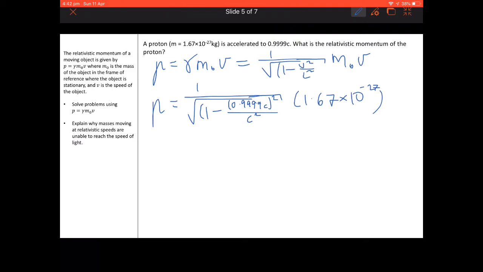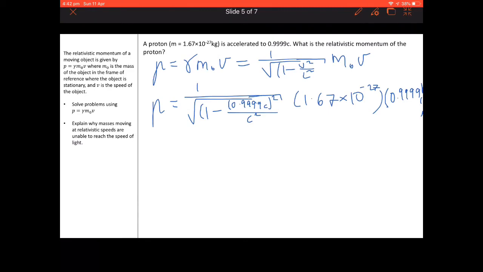And the velocity between the two reference frames is going to be 0.9999c. Because the observer is stationary, whatever the velocity of the proton is going to be the relative velocity as well.